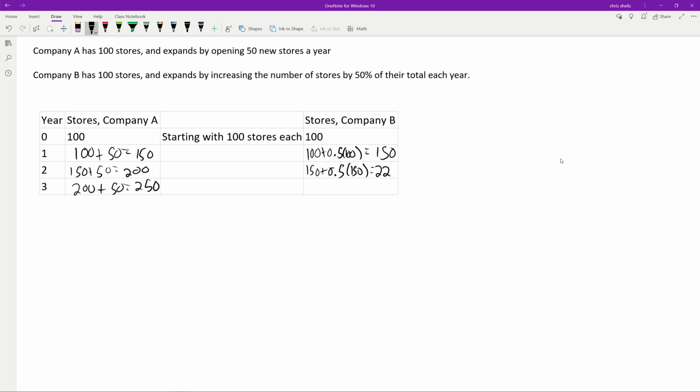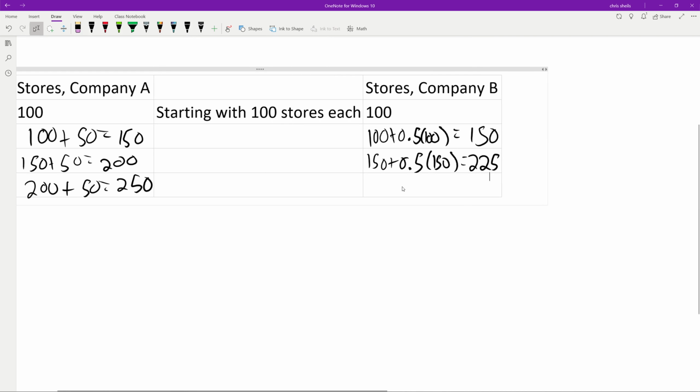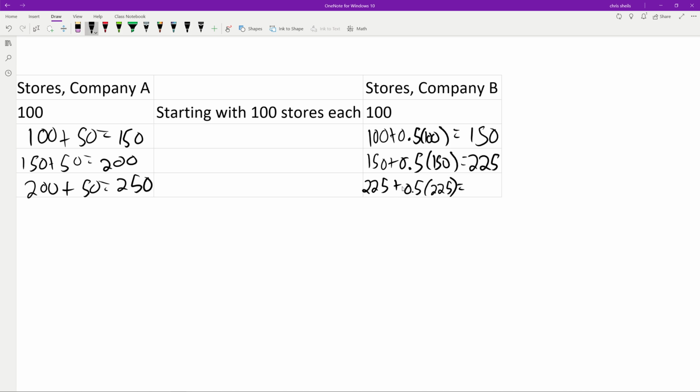This is going to be 225 stores. And then in year 3, maybe I need to zoom in just a little bit here. In year 3, they're going to have 225 plus 0.5 times 225. This gives me 337.5. And depending on the context, we might round this up or down.